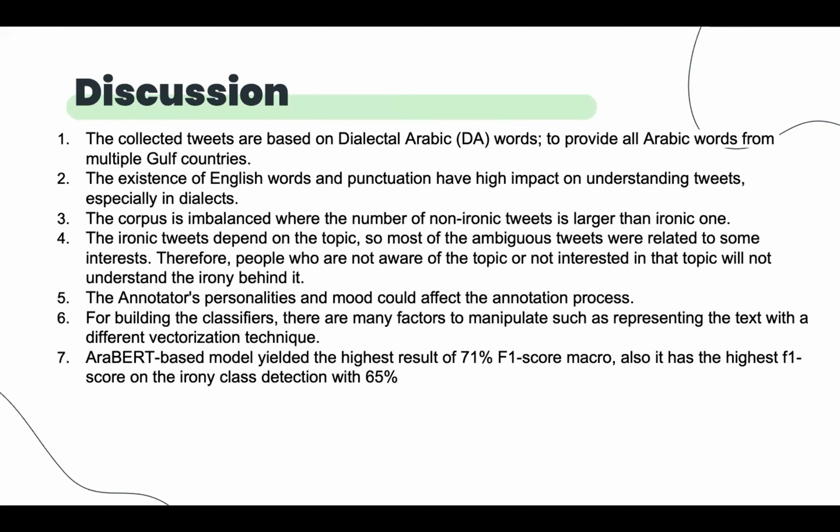The pre-processing may affect the meaning, but its main benefit is to remove duplicate tweets and normalize the text. As we saw earlier, emojis, punctuation, and non-Arabic words have a high effect on understanding the tone of the tweet.